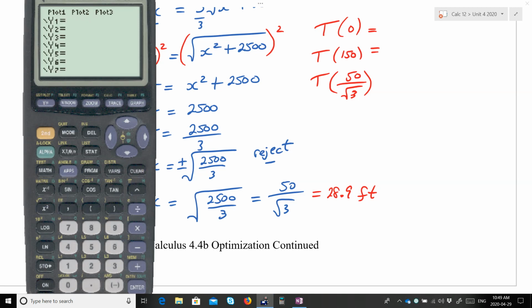Okay. So if we put in our time function, it is 150 over 6 minus x over 6 plus the square root of x squared plus 2500, and that was over 3. Okay, and x has to be from 0 to 150.